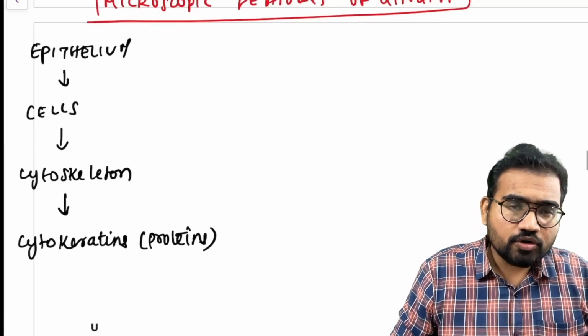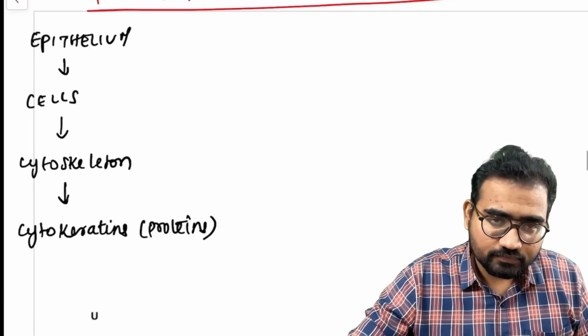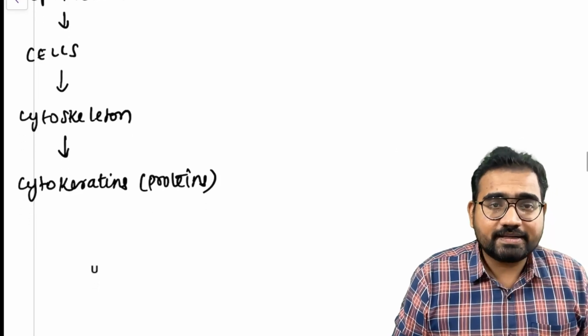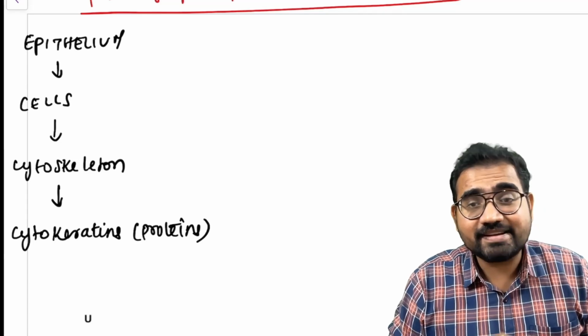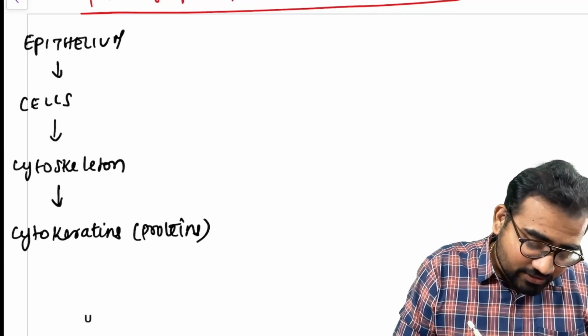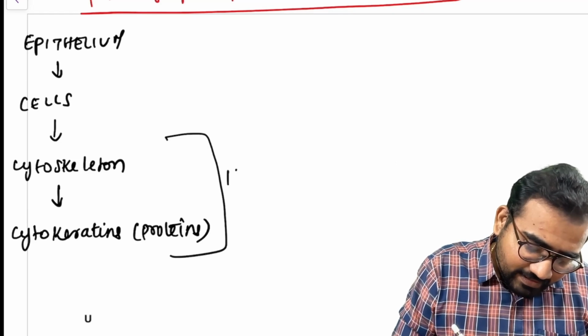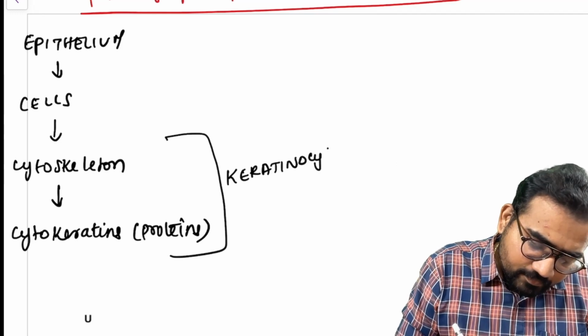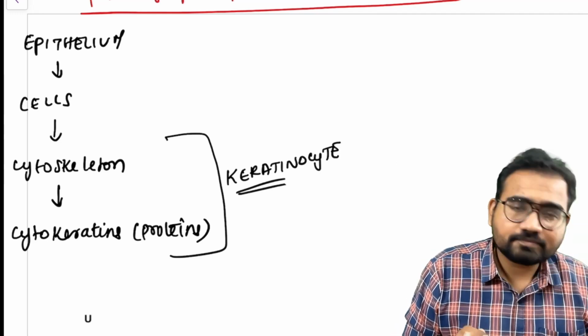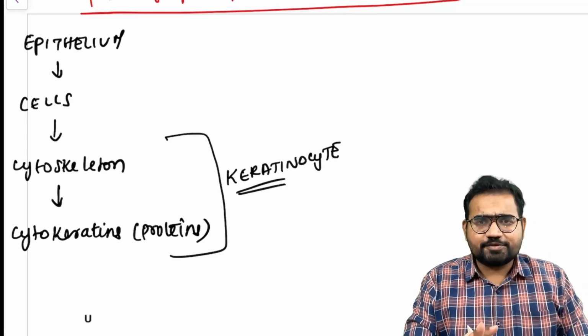Okay, so this entire setup of a cell with the cytoskeleton and the cytokeratin is called the keratinocyte. Don't get confused, okay?